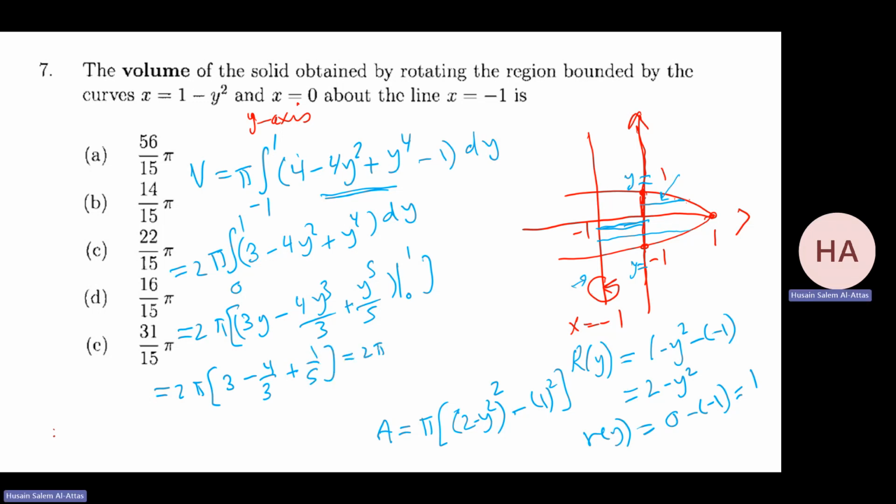Over 15, that is 45 minus 20 plus 3, so it will be 48 minus 20, that's 28. So I have 2 pi times 28 over 15, and that gives me 56 pi over 15.